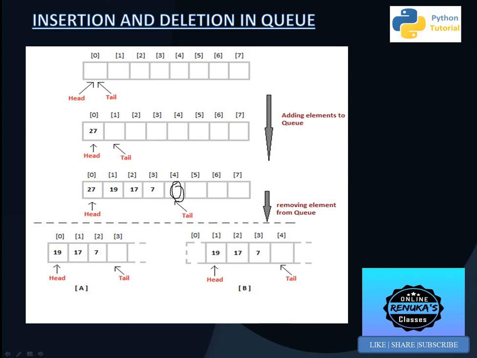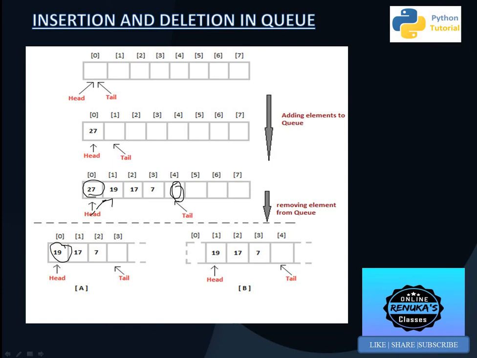Now if we want to delete, deletion will be done from the head part, or we can say the front end. First 27 will be deleted, as it is the head part. Then the head pointer will come to 19. Now 19 will become the front part.